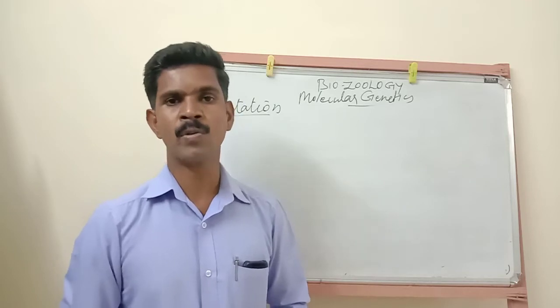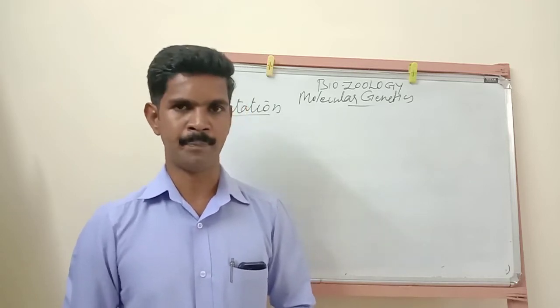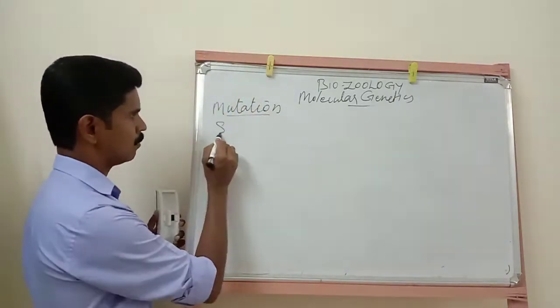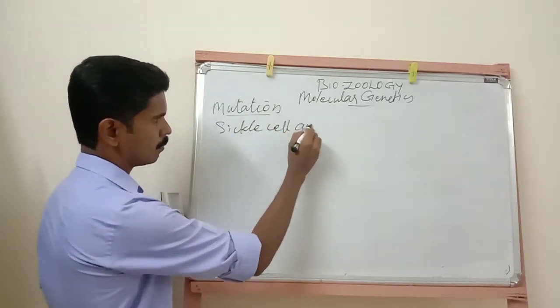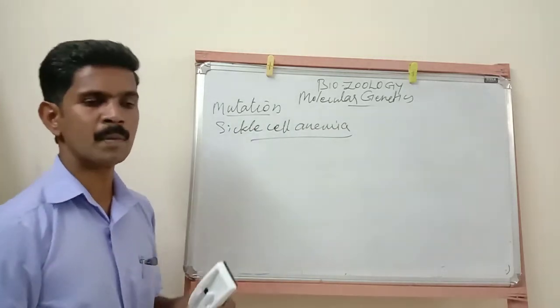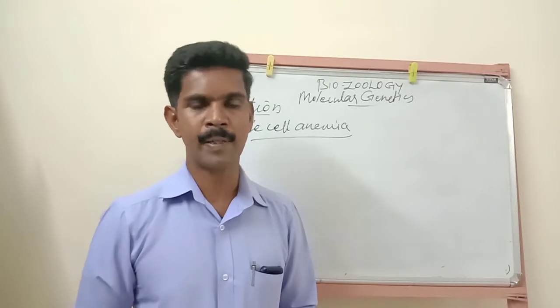So now we are going to study one important disorder due to gene mutation. The name of that disorder is sickle cell anemia. Sickle cell anemia is a very dangerous disease affecting the RBCs of human beings.